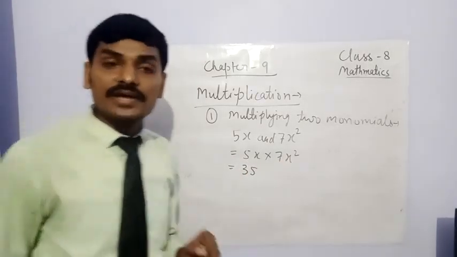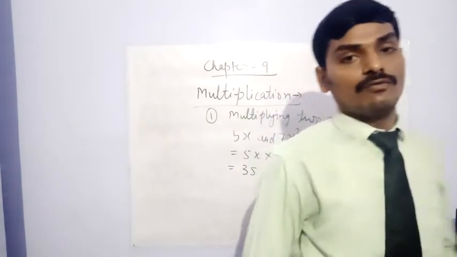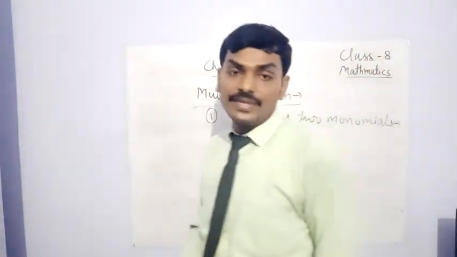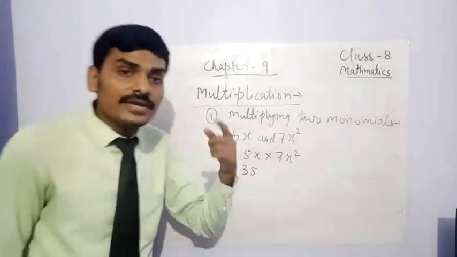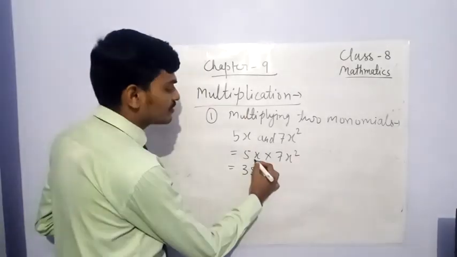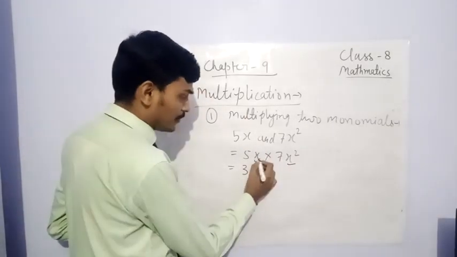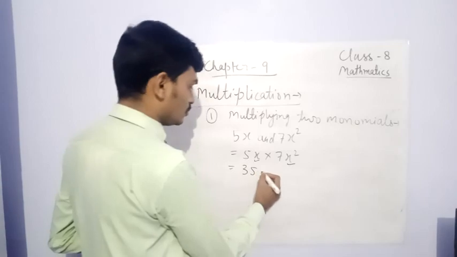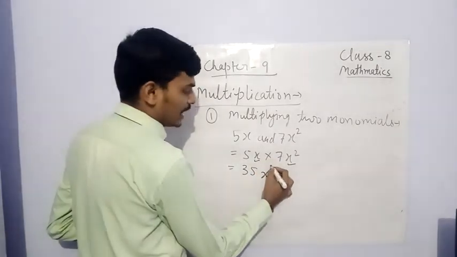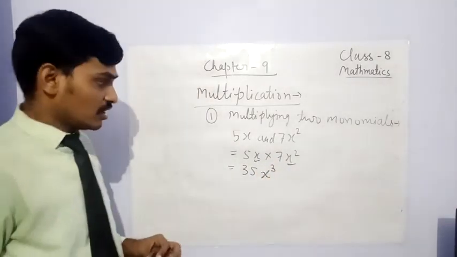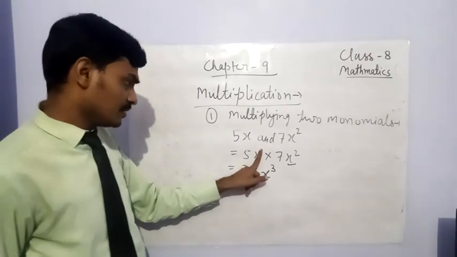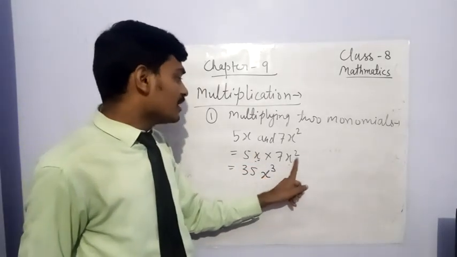And in multiplication you already know, if the base is the same then the powers will be added. So here the base is x, here is also base x, so the powers will be added. So 35x to the power 3, because here the power of x is 1 and here the power of x is 2.